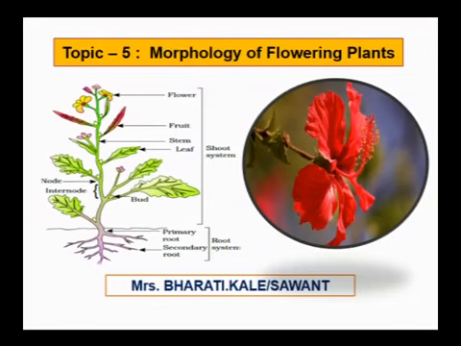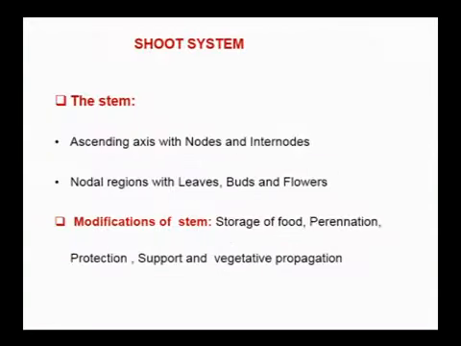The root system is mainly for anchorage, absorption of minerals along with water, and secretion of phytohormones, while the shoot system conducts the sap towards the leaves and translocates the solutes prepared by the leaves towards the parts of the plant body. Let us begin with each part one by one.